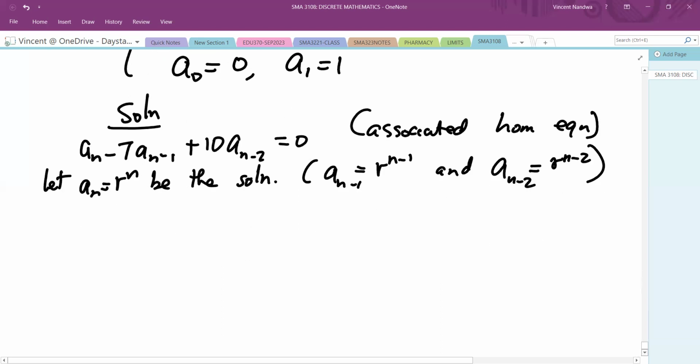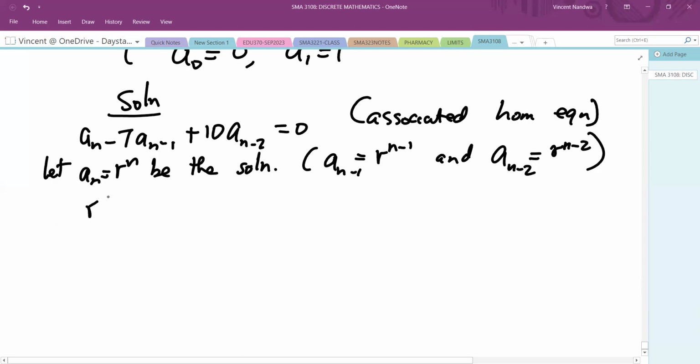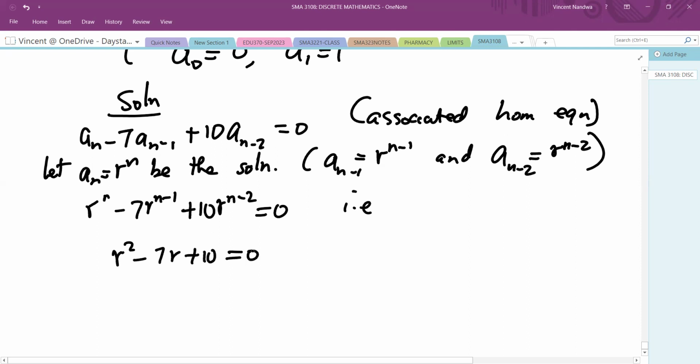Then we substitute to get r^n minus 7r^(n-1) plus 10r^(n-2) equals 0. Dividing through by r^(n-2), we get r squared minus 7r plus 10 equals 0. So here the product is 10, the sum is minus 7, and the numbers are minus 2 and minus 5.